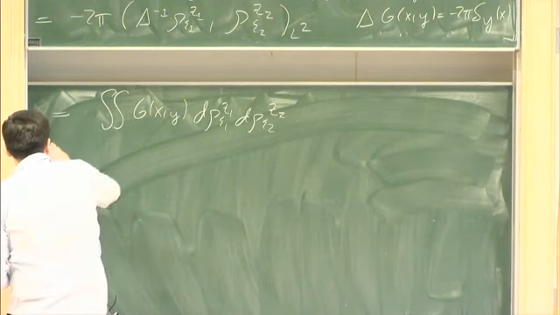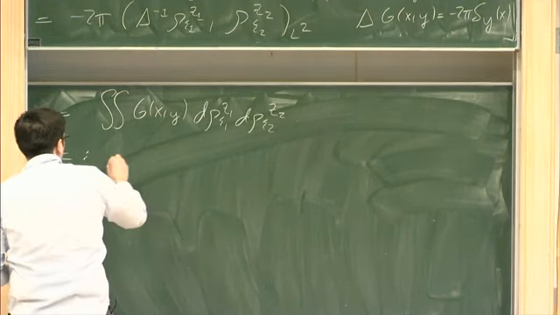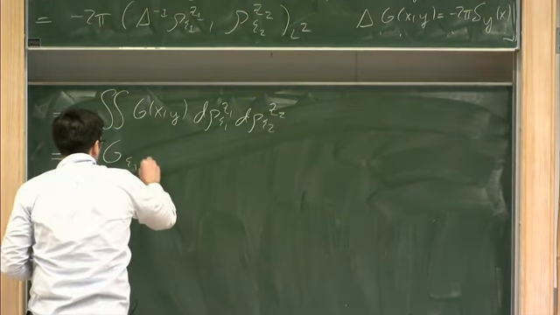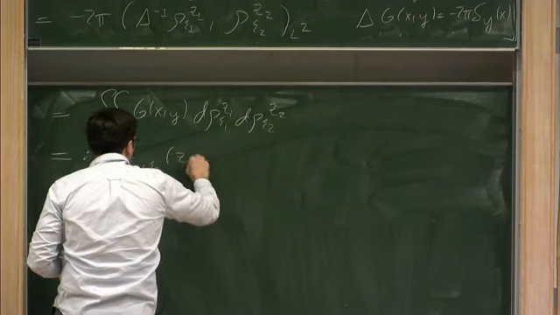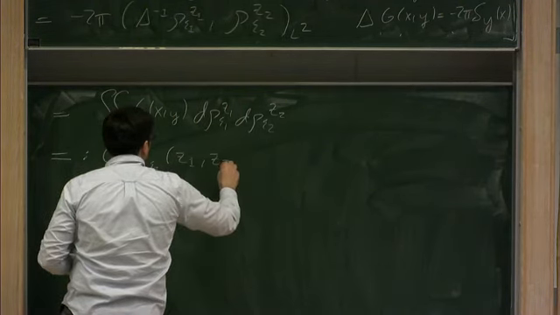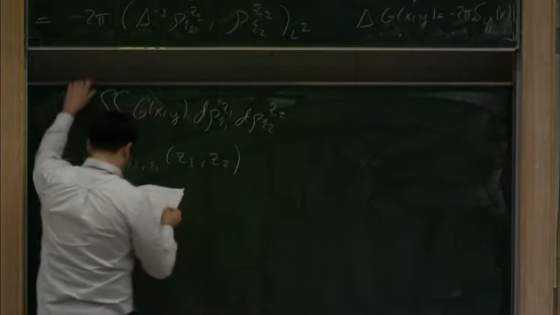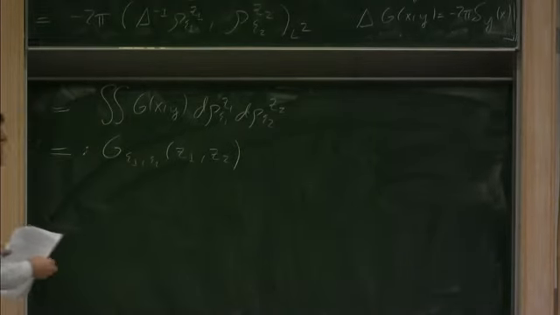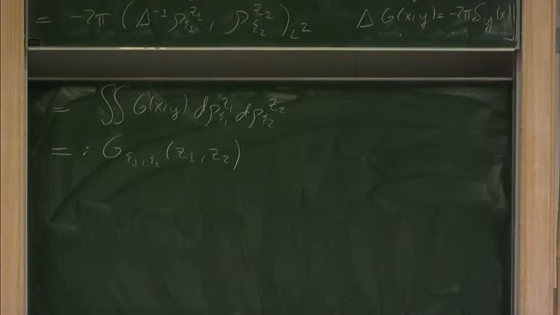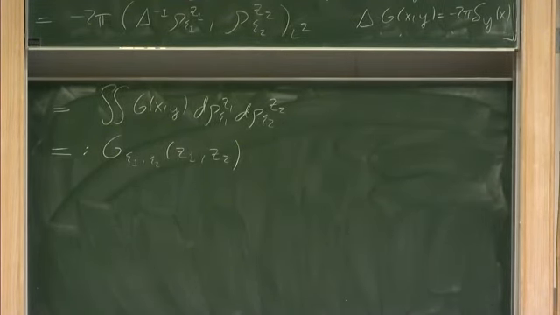And I'm going to call this function here g sub epsilon 1 epsilon 2 of z1 z2. Okay, so we just finished the first step. So we identified what the covariance function is for this Gaussian process.